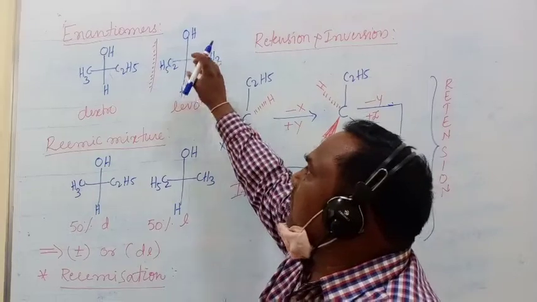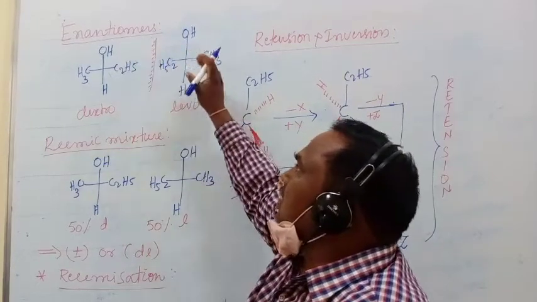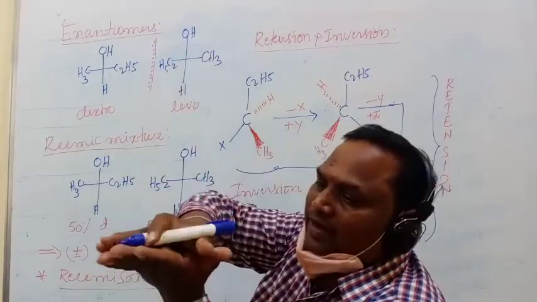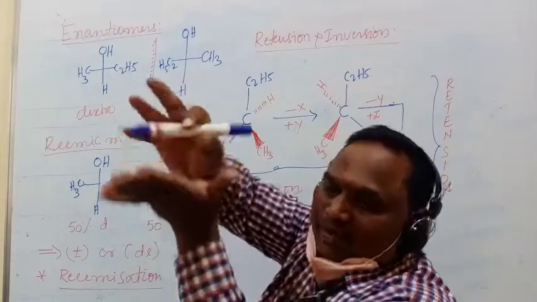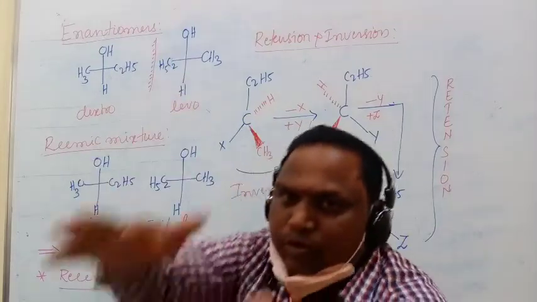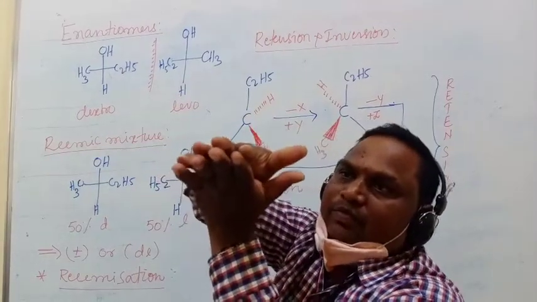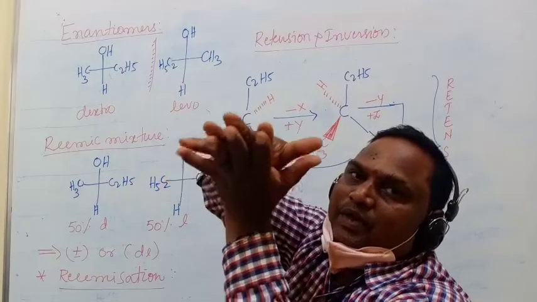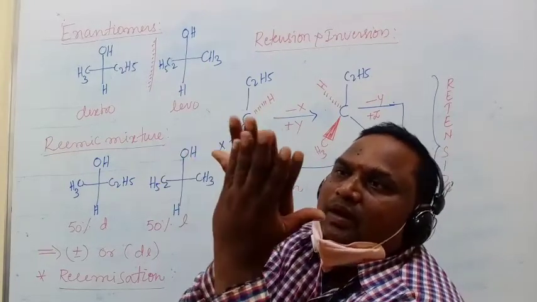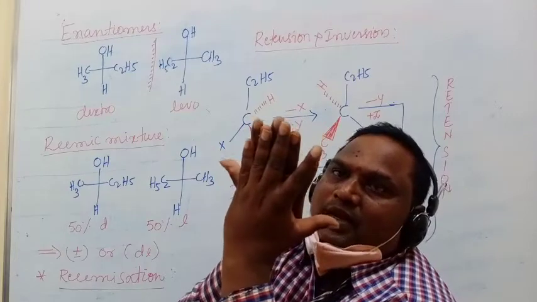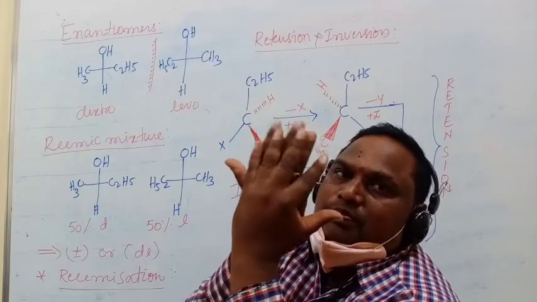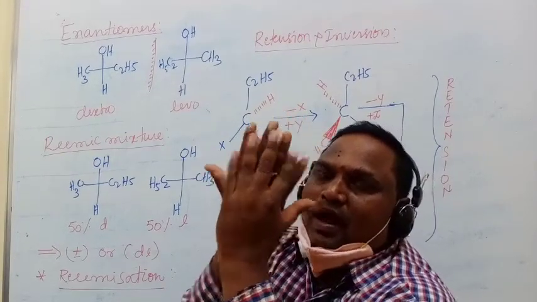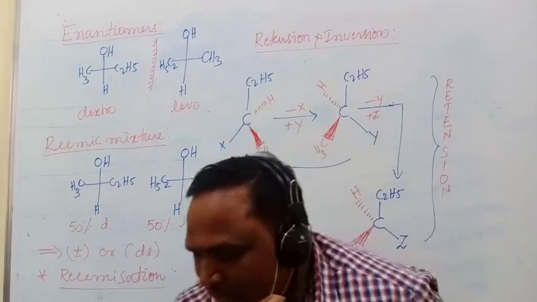If I keep one over the other and they are overlapped perfectly, they are superimposable. If they are not overlapped perfectly, it's called non-superimposable. Here it is the same thing.